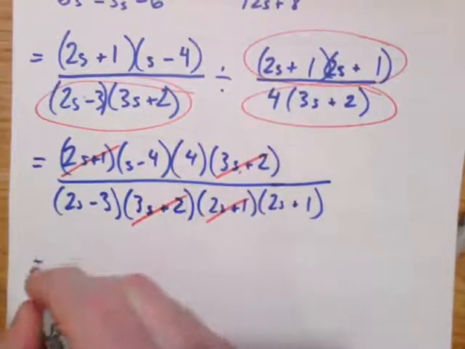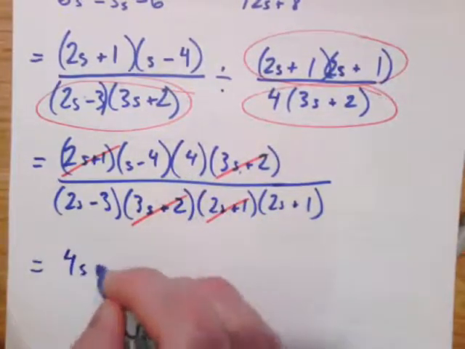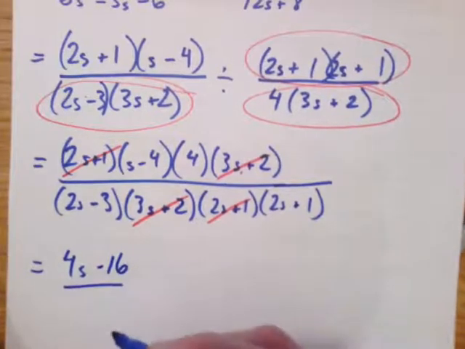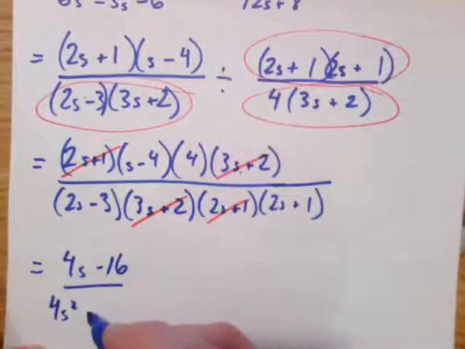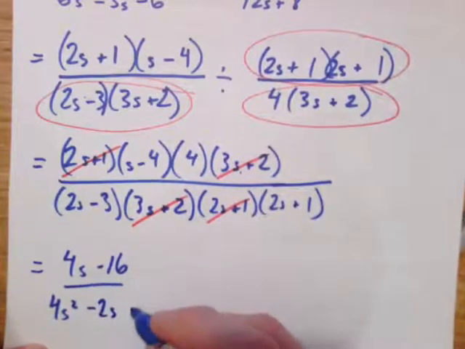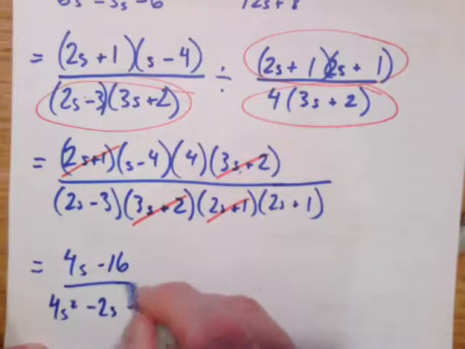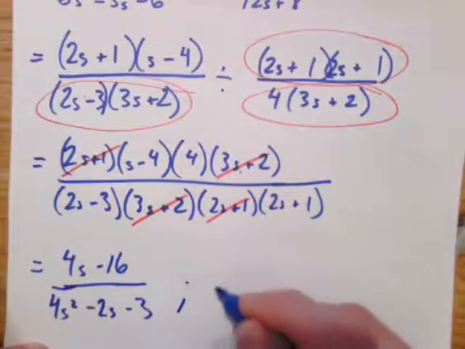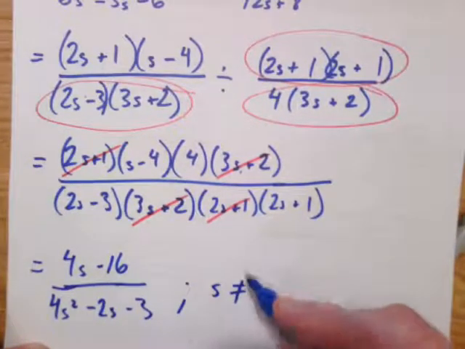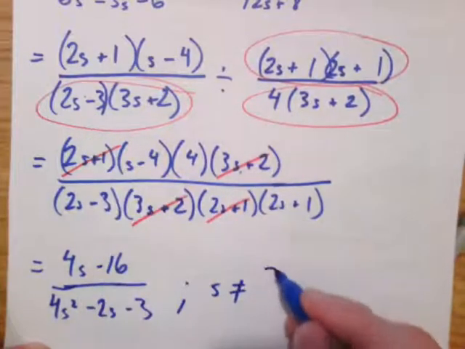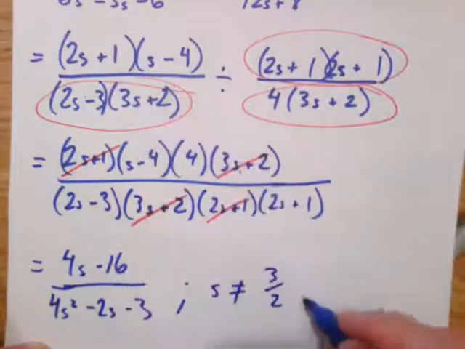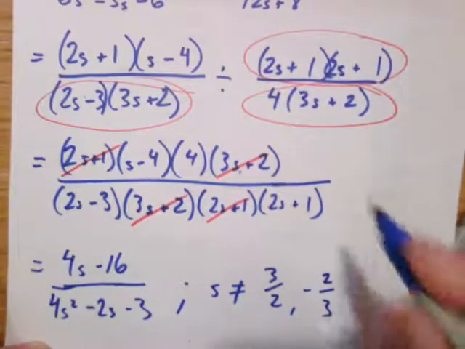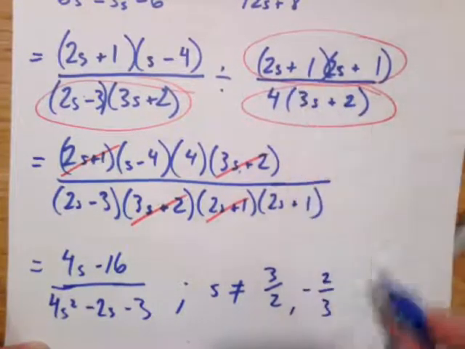I'm going to multiply them through, so that's going to be 4s minus 16 over top of 4s squared minus 2s minus 3. S cannot equal 3 over 2, negative 2 over 3, negative a half.